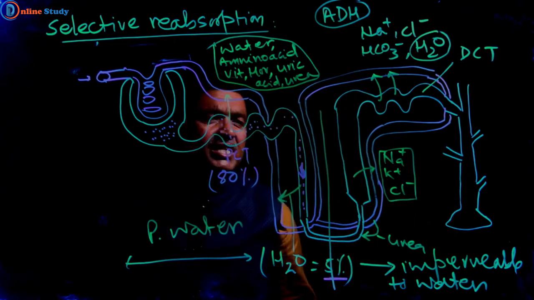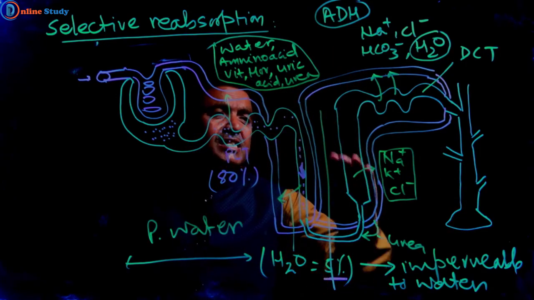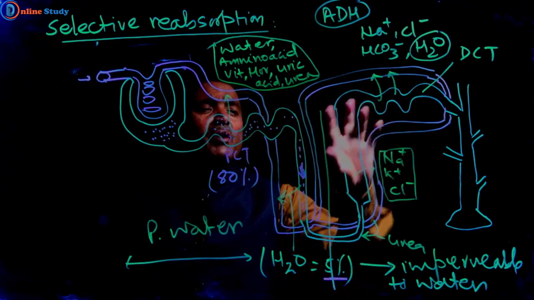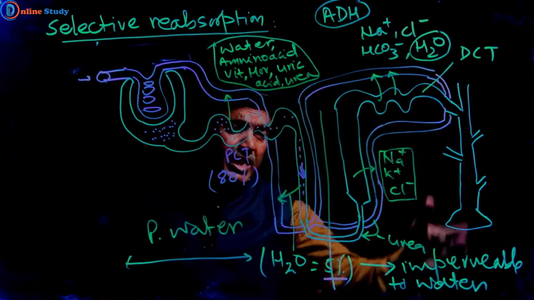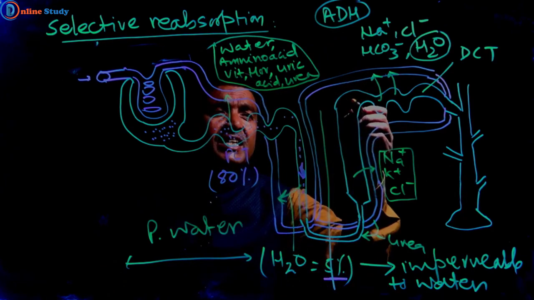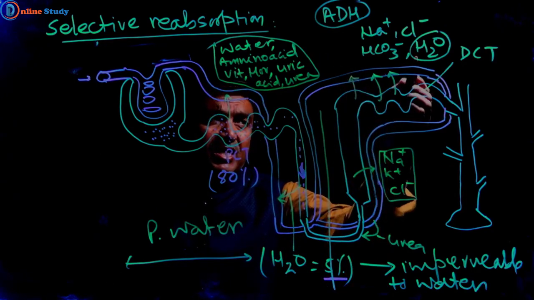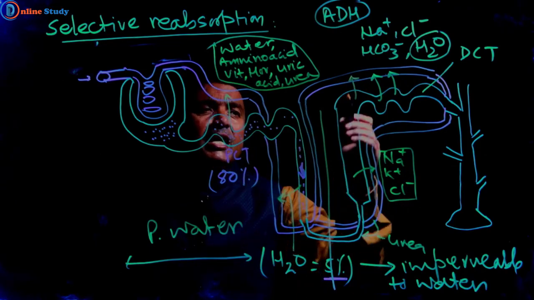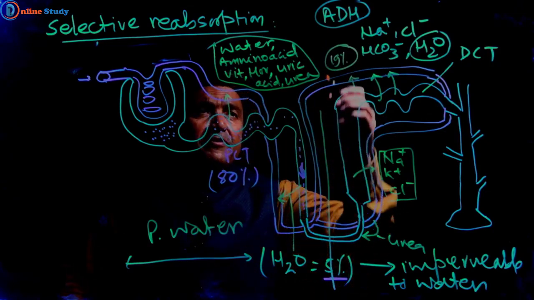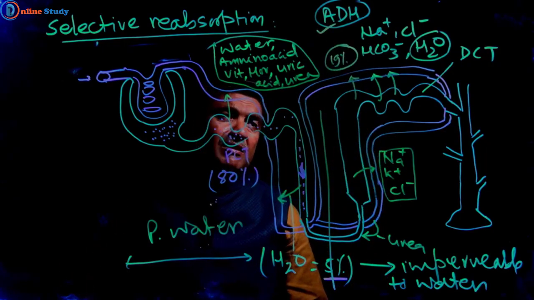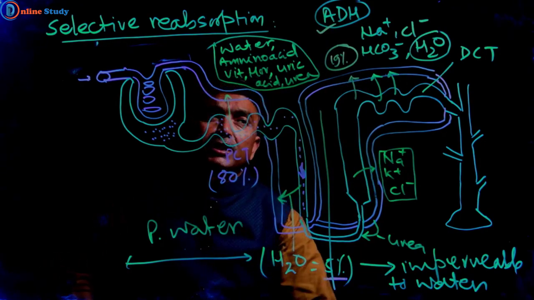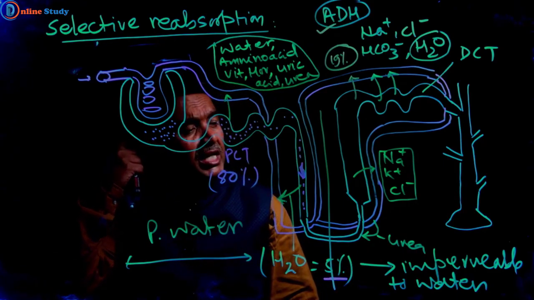If ADH is absent, more urine is released. If ADH is present, there will be absorption of water, about 19% water is reabsorbed. If ADH is absent, then a large amount of urine will be formed.